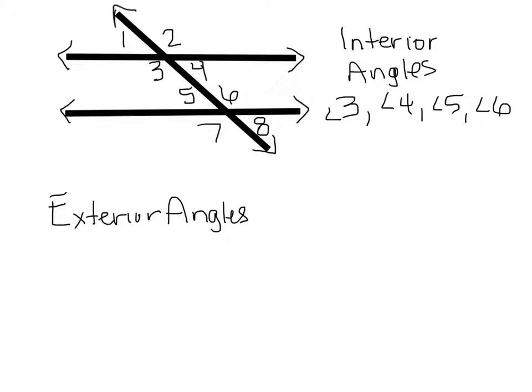Your exterior angles are the angles on the outside. 1, give me another one. 2, 7, and 8. So your exterior angles are angle 1, angle 2, angle 7, and angle 8.